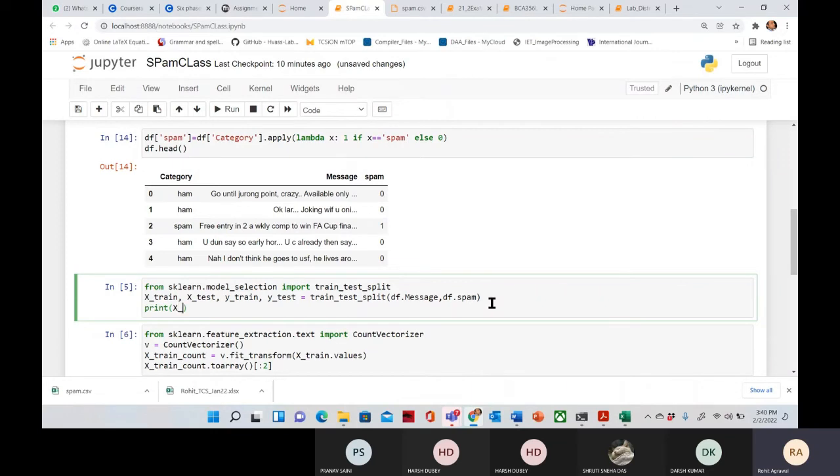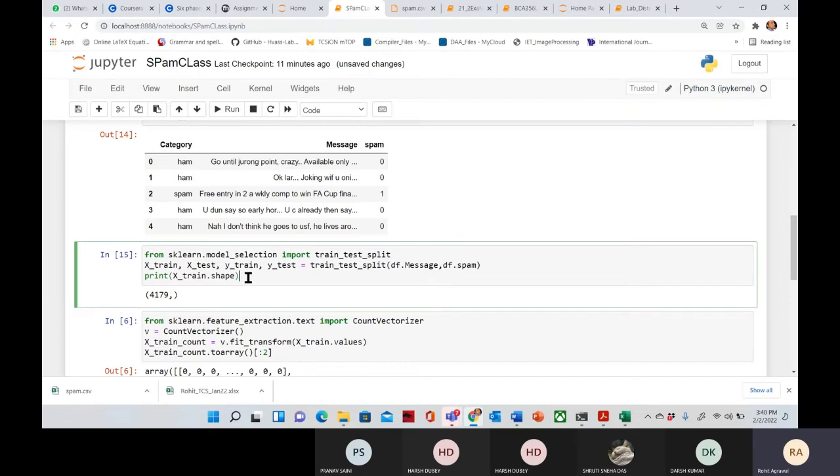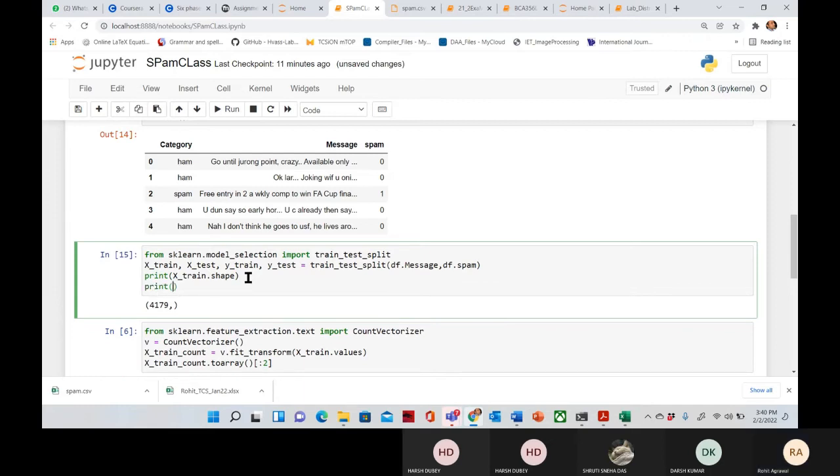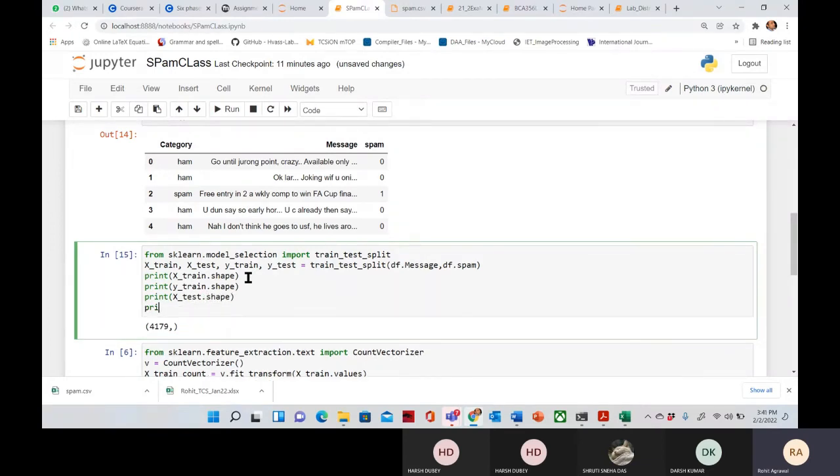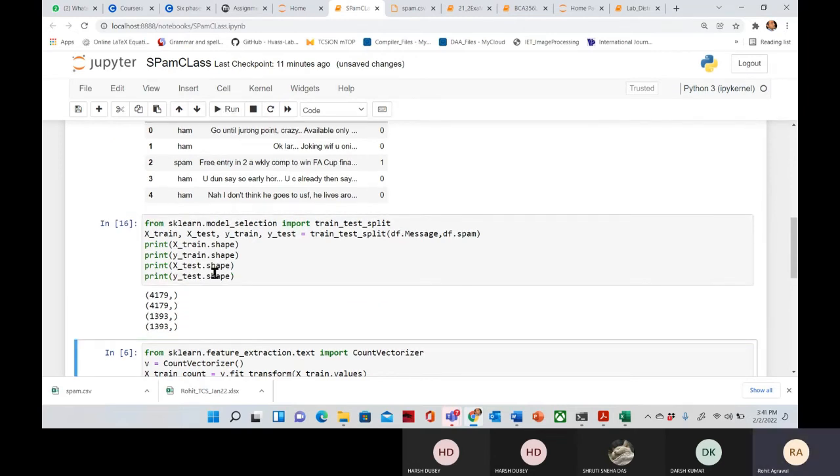Print x_train.shape, y_train.shape, x_test.shape, y_test.shape. So this is the ratio you can see.